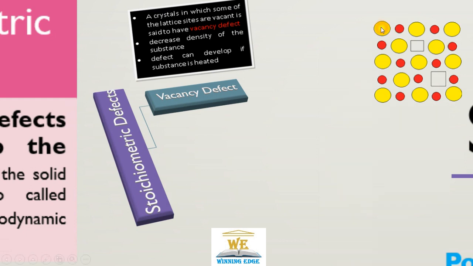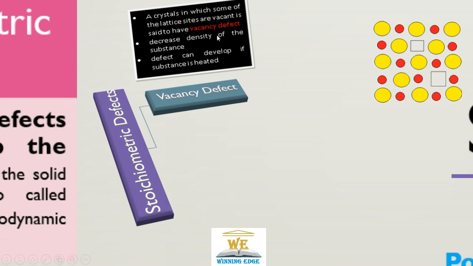You see, we have a crystal structure, yellow and red, and in it a red is missing here and one yellow is missing here. So these are called vacancy defects.